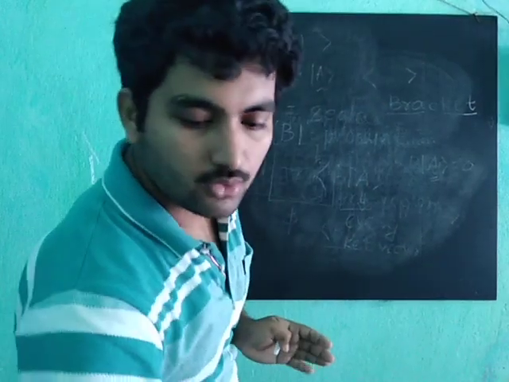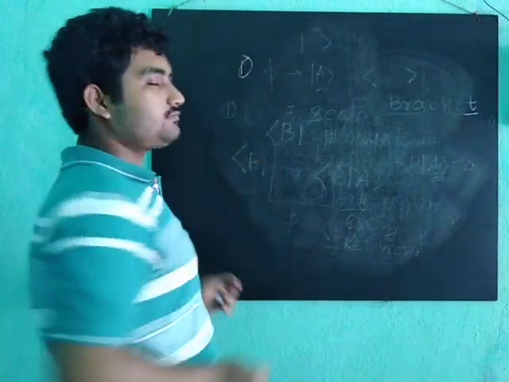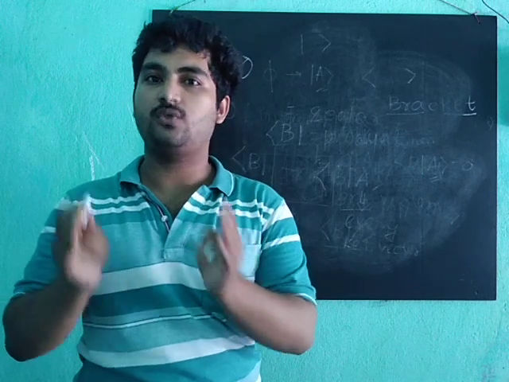Now we will make two assumptions. The first one is that a ket vector and a bra vector have one-to-one correspondence.